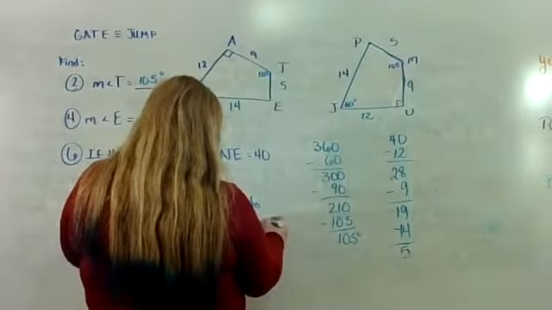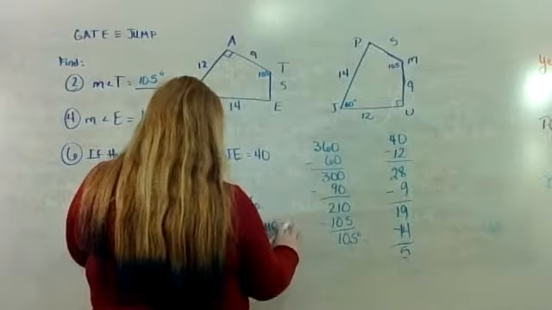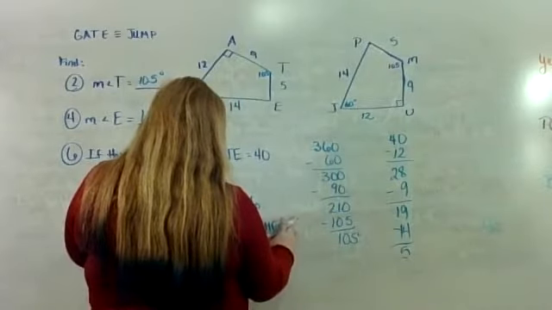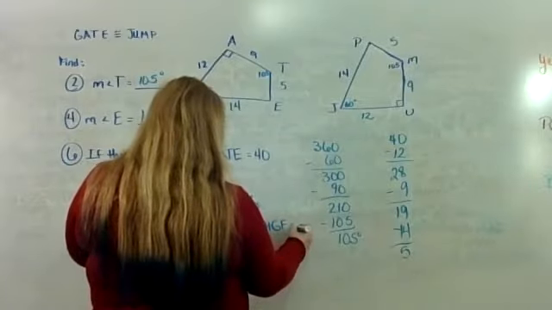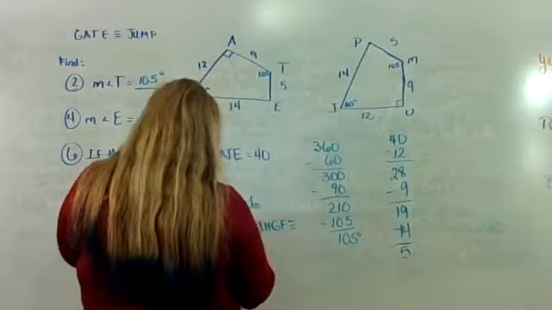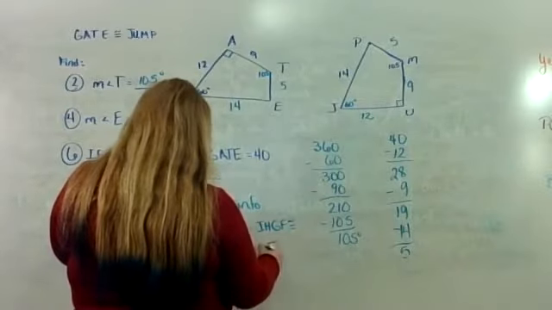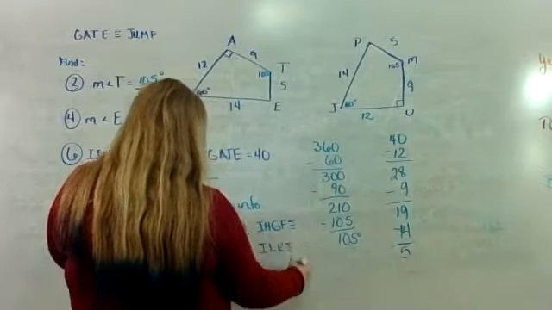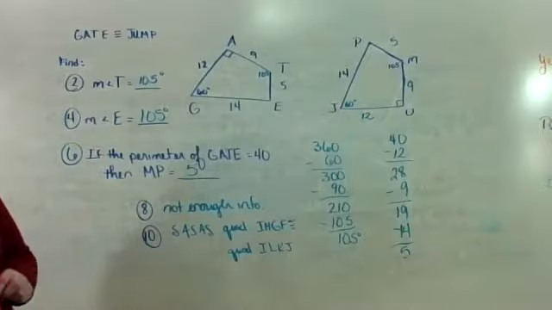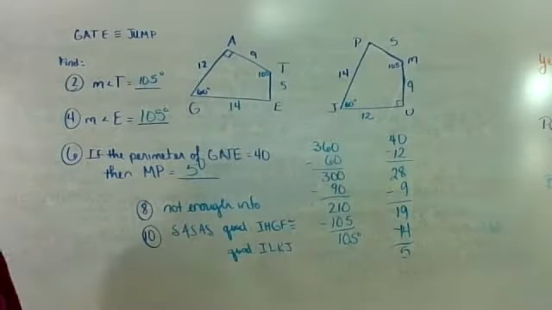Quadrilateral IHGF is congruent to quadrilateral ILKJ. I would have written it out beside it, but I didn't have room because my numbers were in that spot.